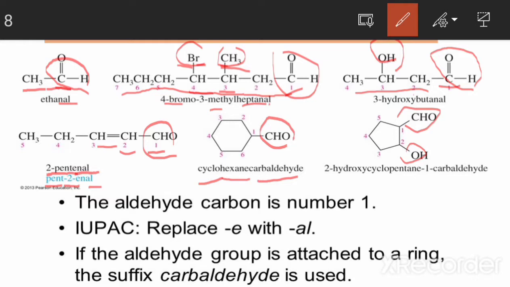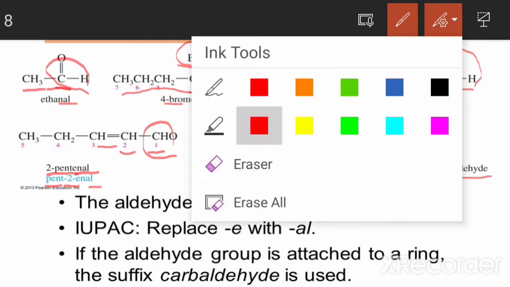On the second carbon there is a hydroxyl group, so we will name it as 2-hydroxy, cyclo for the ring structure, pentane because there are 5 carbons in the ring, and on the first position there is an aldehyde group, we will name it as carbaldehyde. So these are some rules for the naming of aldehydes.